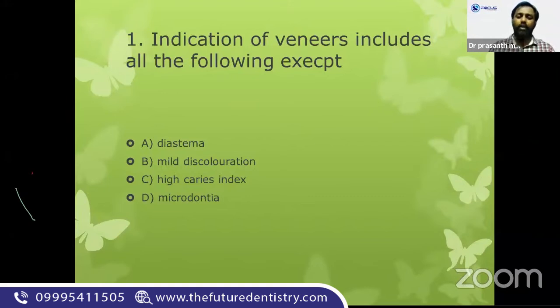That is the advantage. In high caries index, we won't give veneers, because the tooth is already subjected to high caries. So it is not recommended for such teeth. Microdontia, yes, can be corrected with veneers.